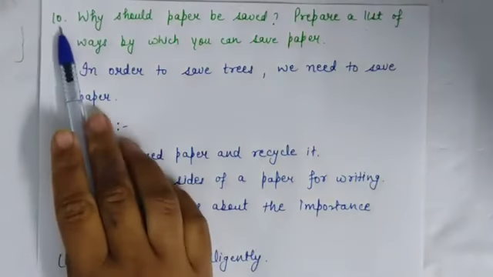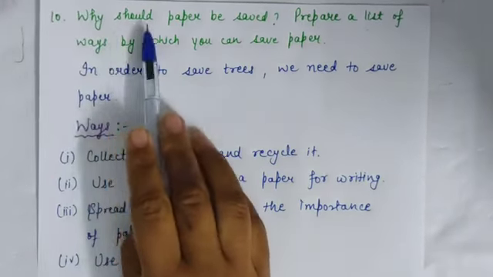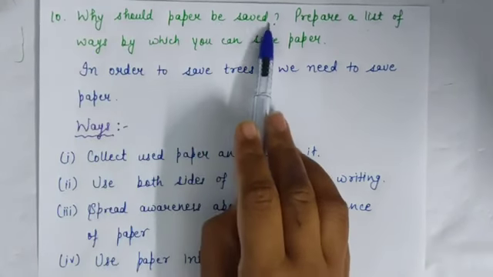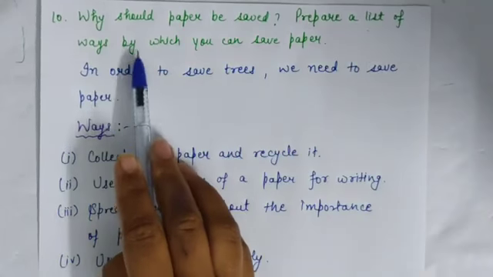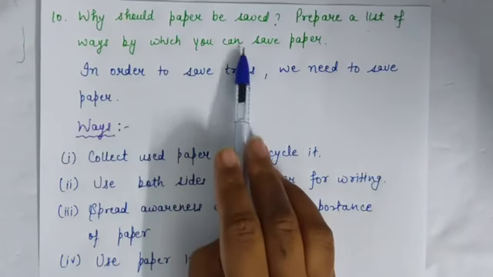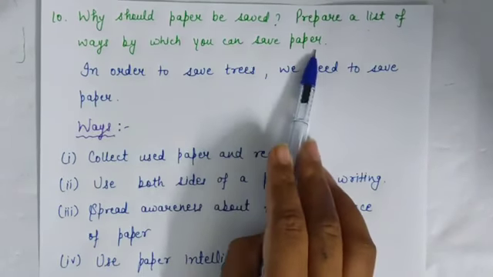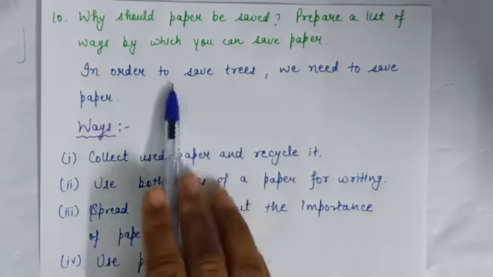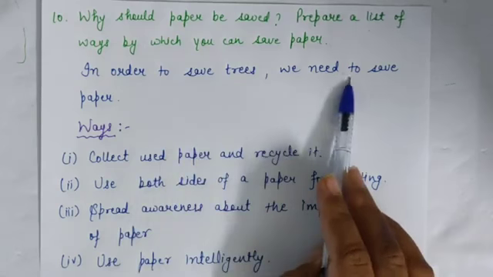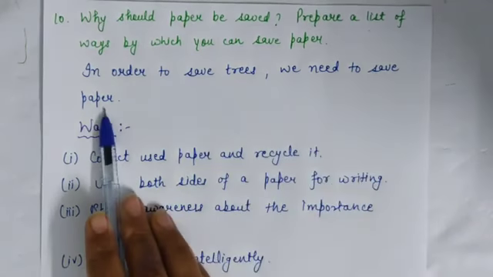So now we will do question number 10. Why should paper be saved? Prepare a list of ways by which you can save paper. The answer is, for saving trees, we need to save paper.